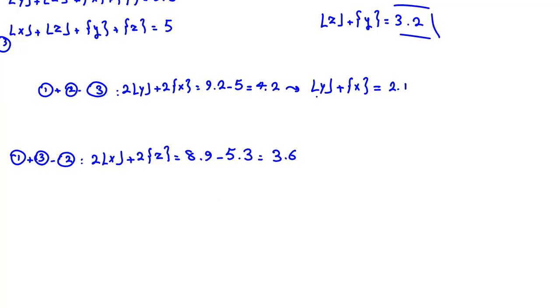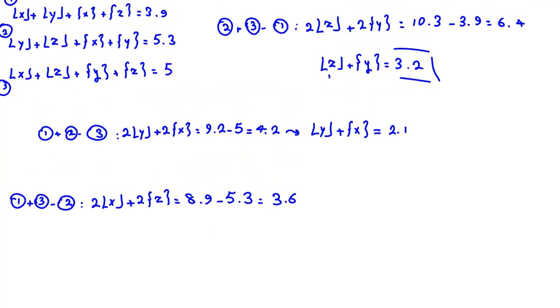Okay. So here, because it is a fractional part, we can find the integer part. Here is 3. The only possible case is 0.2. Here is 2. It's 0.1. And here, when we divide by 2, x plus z equal to 1.8. And this, fractional part of z.